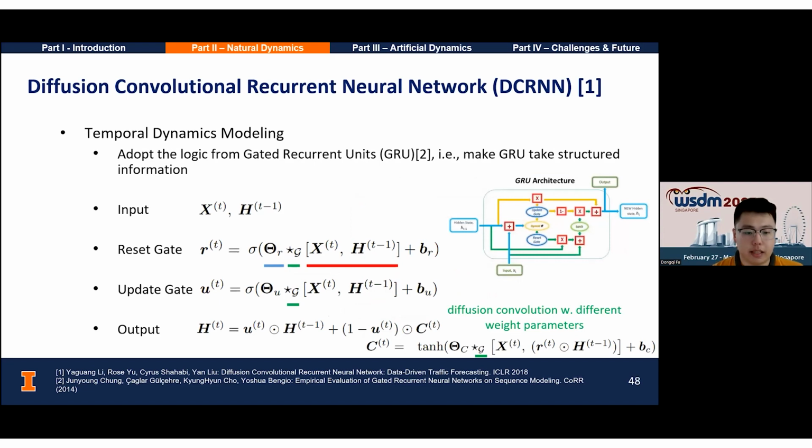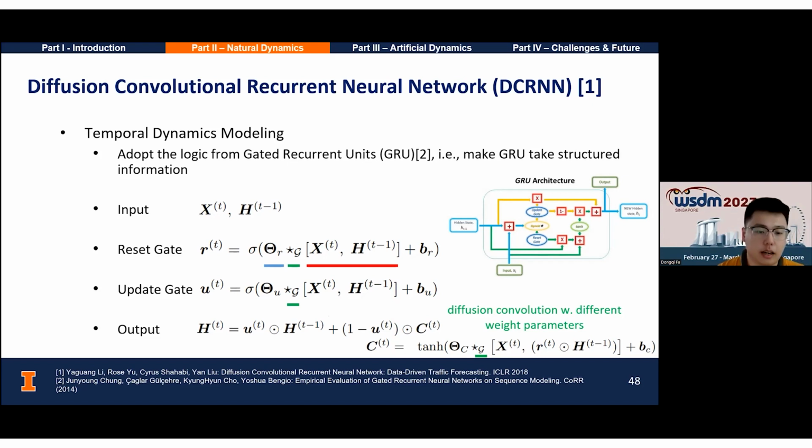Again, we have the input x_t and h_{t-1}. The reset gate here is the graph diffusion convolution operation, which means we concatenate x_t and h_{t-1}, and then apply the graph convolution, asterisk g, with theta_r.